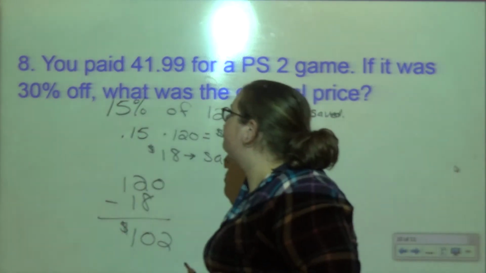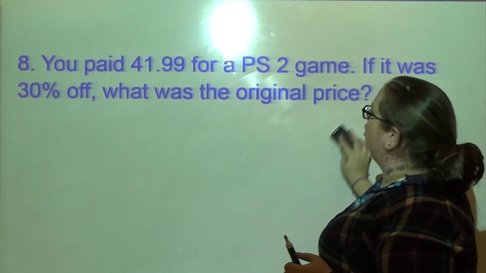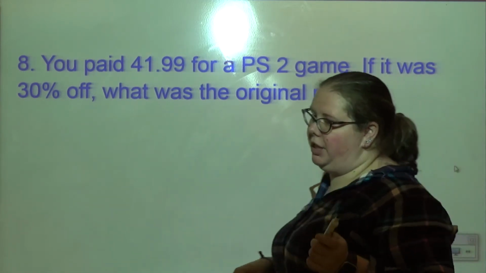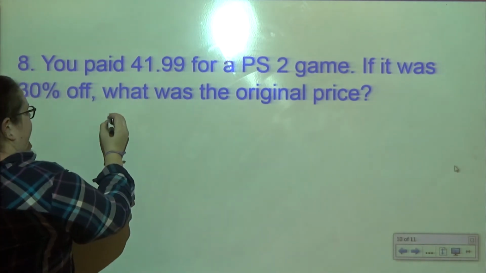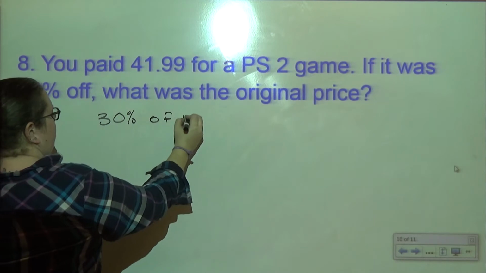Alright, last one. You paid $41.99 for a PS2 game. If it was 30% off, what was the original price? Alright, this one's a little tricky. I'll show you what most students do, but it's actually wrong. We need to find 30% of the original.